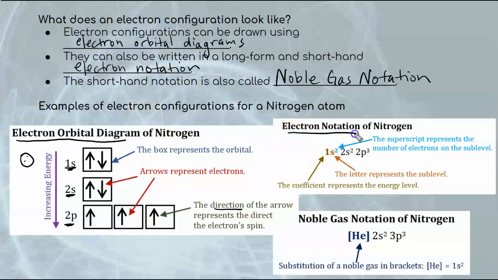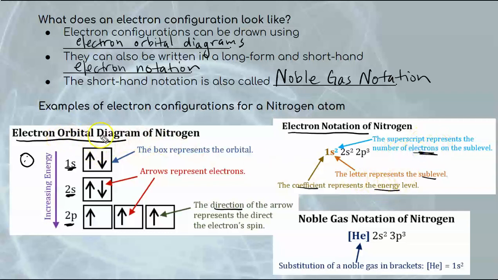Also take a look at the electron notation on the other side of the screen. You'll see that the 1 coefficient represents the energy level, and the S represents the sublevel. The superscript up there is not an exponent like in math. The superscript represents the number of electrons on the sublevel.